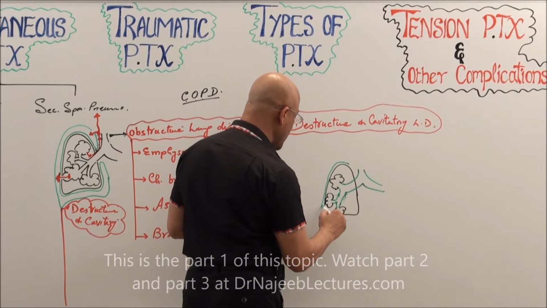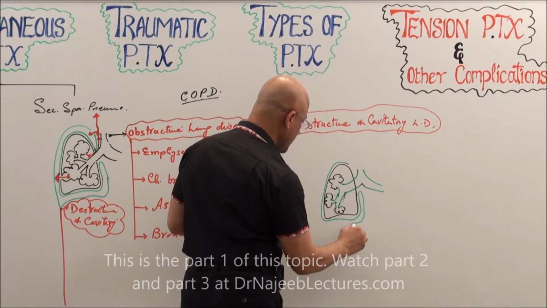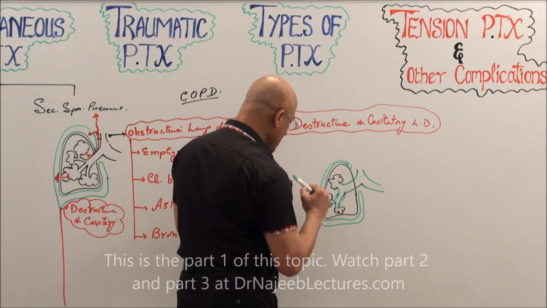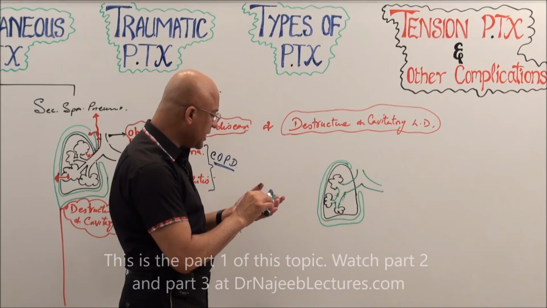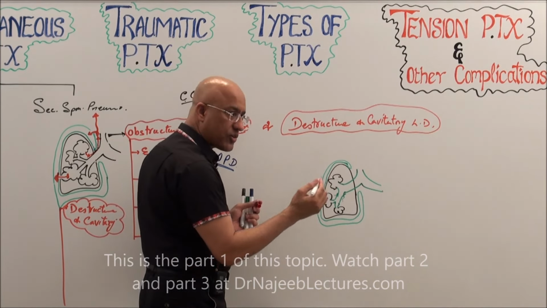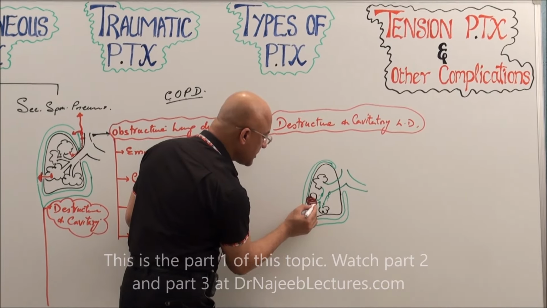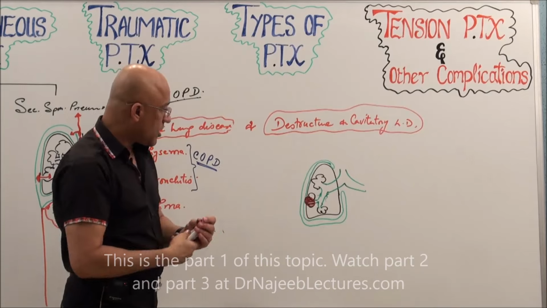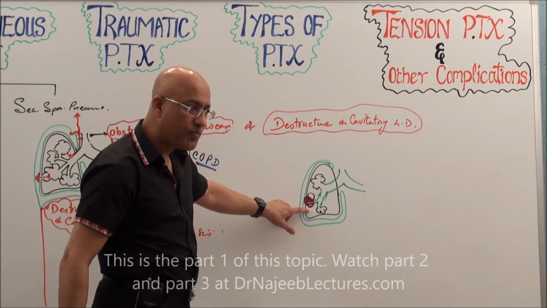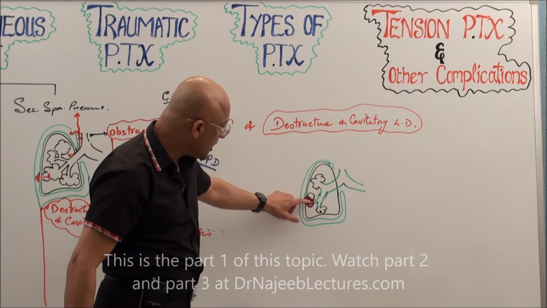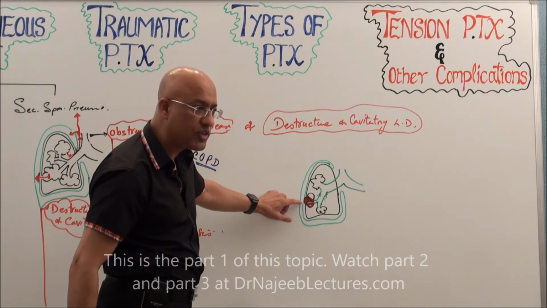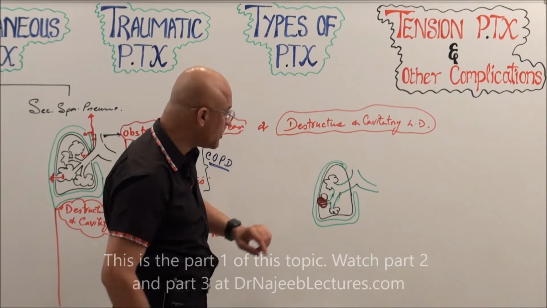This is your which pleura? Visceral. And there, parietal. Now imagine there is some destructive lung disease, for example a lung abscess here. It destroys this tissue. On one side it has an airway, on the other side it is just under the pleura. It's so easy to understand.